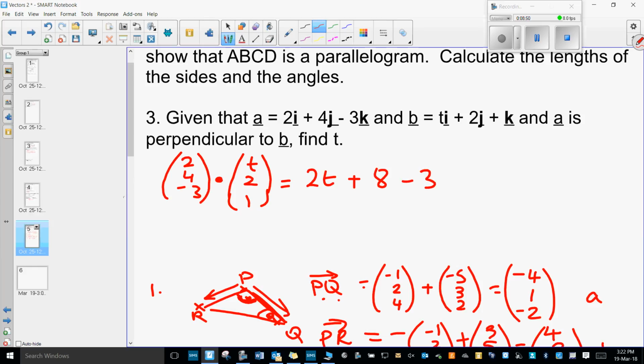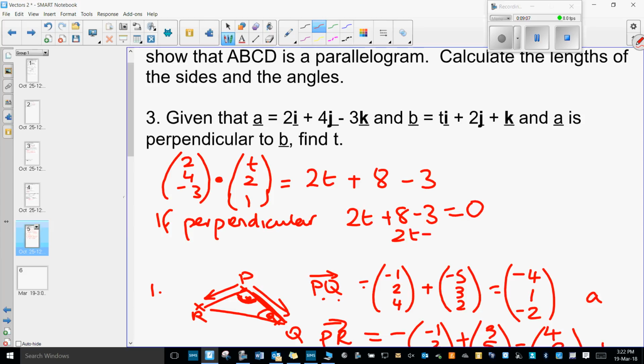If perpendicular, 2t plus 8 minus 3 equals 0. Okay, so 2t equals negative 5. T is negative 5 over 2. Question finito. Really? So 1 and 2 required all that work.